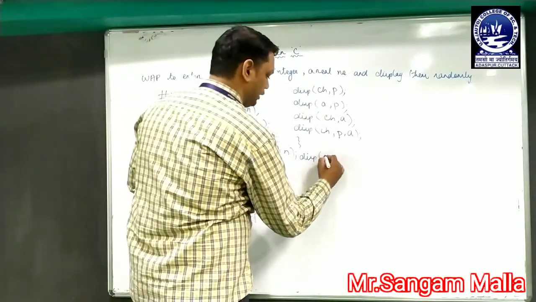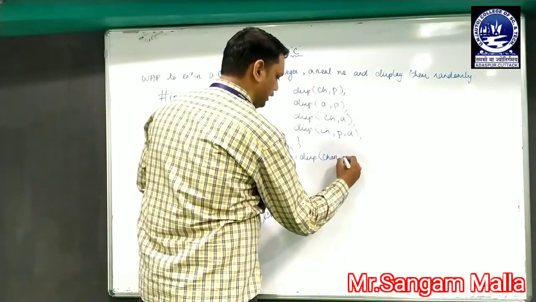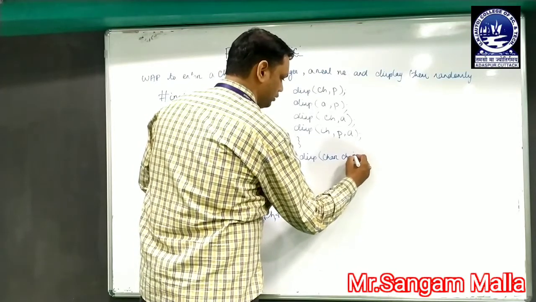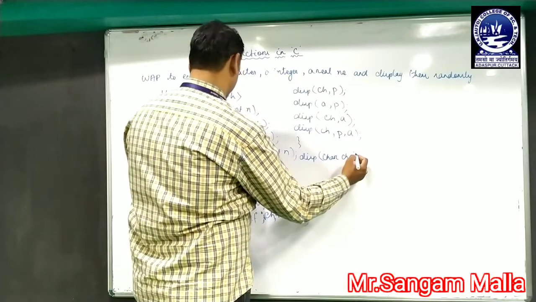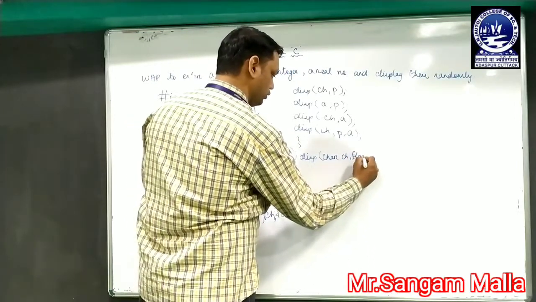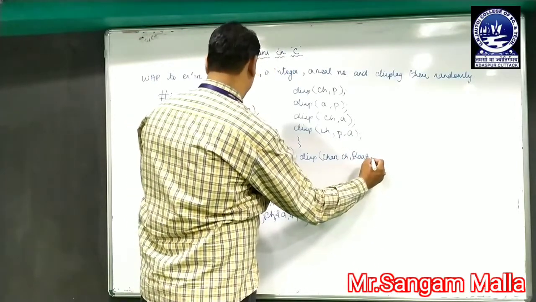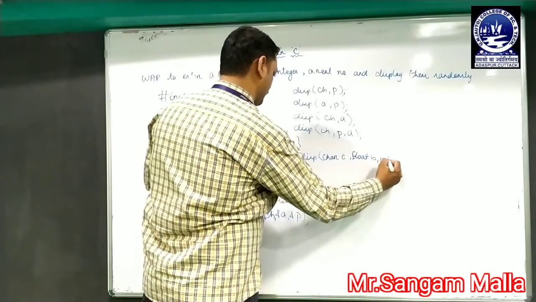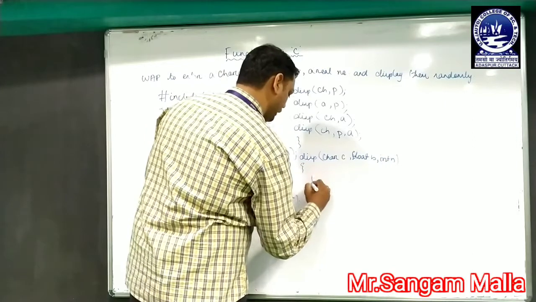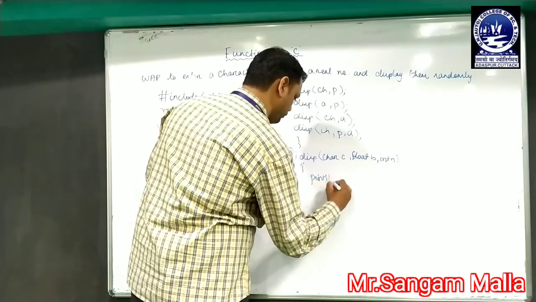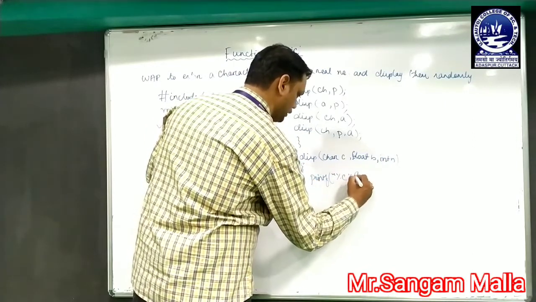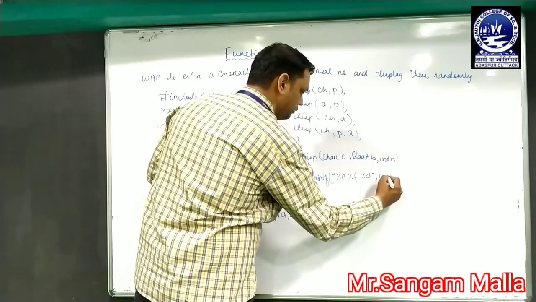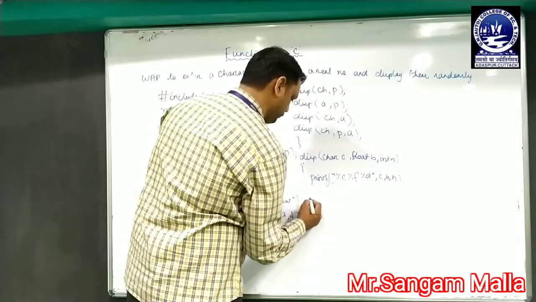First one I will write char ch, then float, let's say character c, float b, int n, and it will print the value, printf %c, %f, %d, c, b, n.